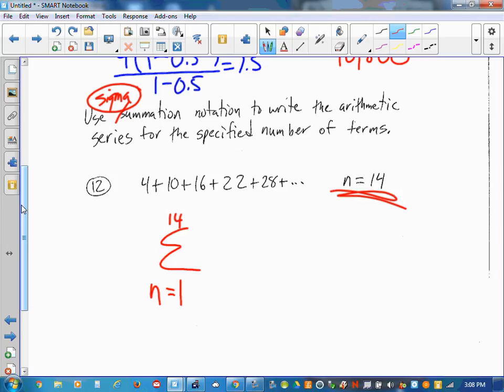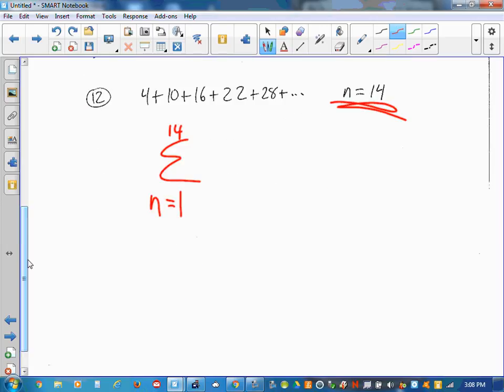So since I'm adding every time, I got to do the formula. First term, which is 4, plus the common difference, which is 6 times n minus 1. And that's going to generate all the terms. So then I can simplify it by distributing here, and that would be 6n minus 6 plus 4 would be minus 2.